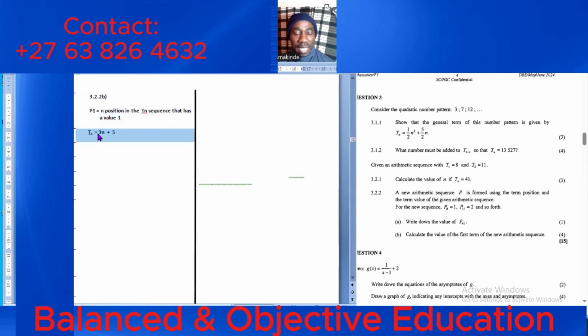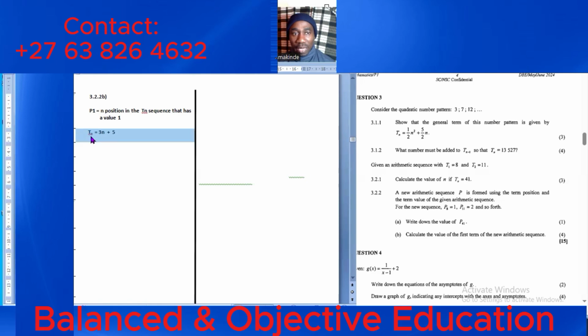So we know that Tn equals 3n plus 5. So what we will do to calculate the value of the first term in the new arithmetic sequence P is to substitute 1 in place of Tn.